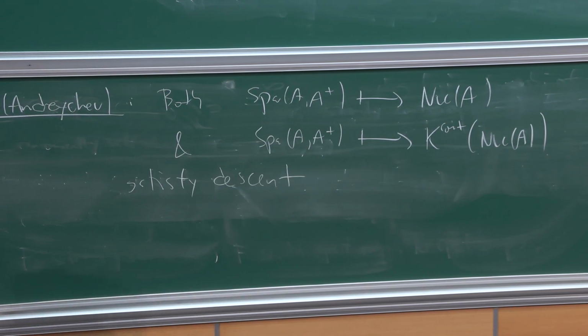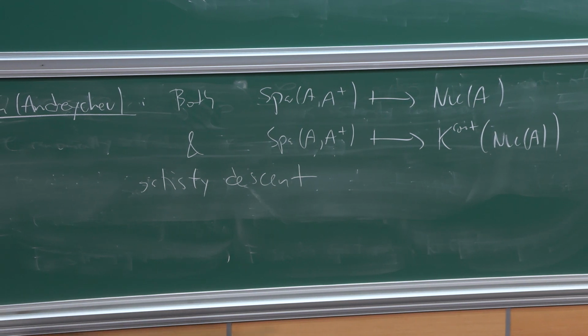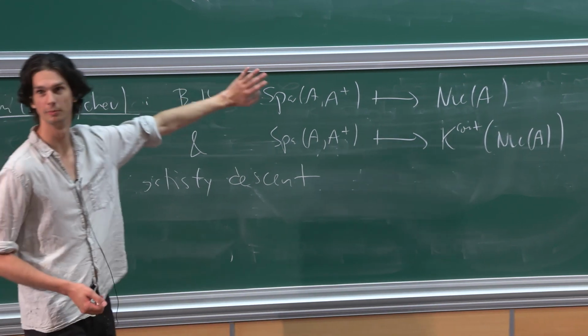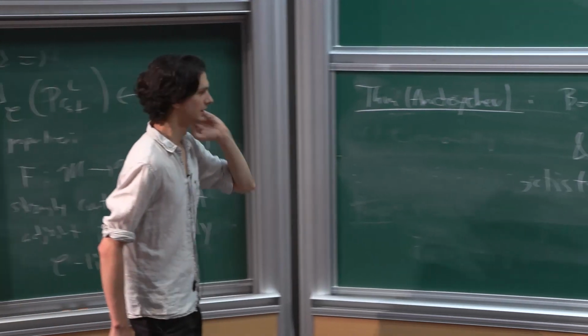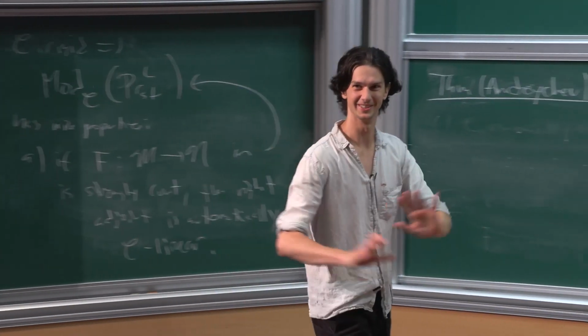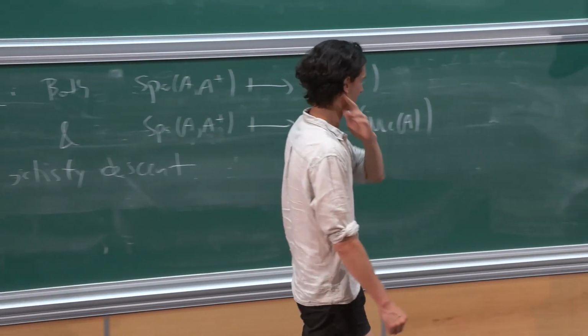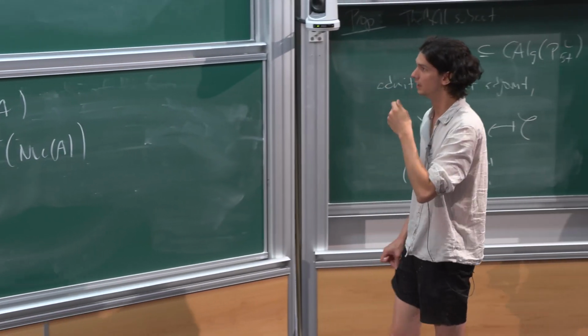Is this for a V topology? No, this is just for the usual topology on rational opens. Not at all for the V topology or anything crazy. Just on this nice spectral space here.